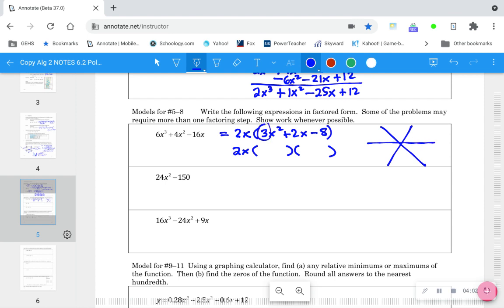The leading coefficient 3 goes on the wings. You multiply the a and the c. Put that up there. And the middle term, the middle coefficient goes here. And you need 2 numbers that multiply to give negative 24 and add to give positive 2.